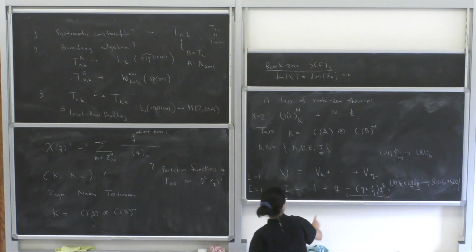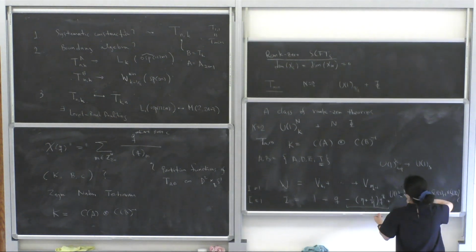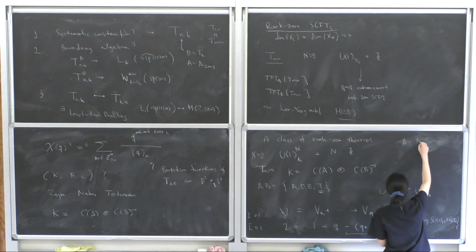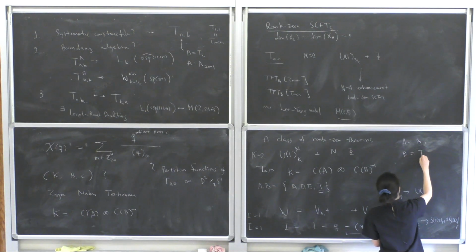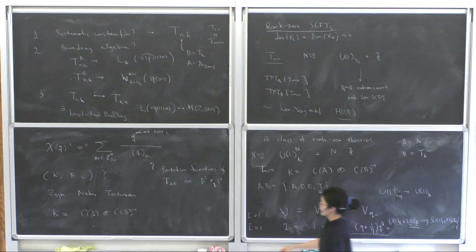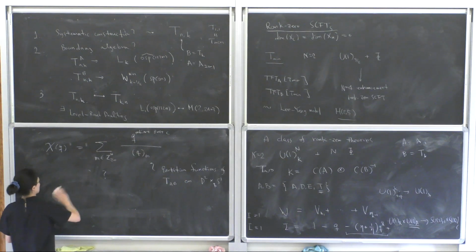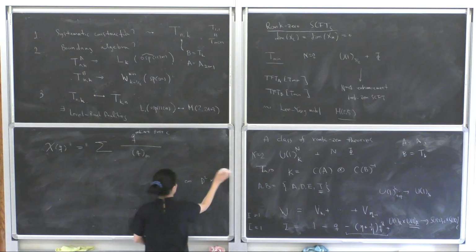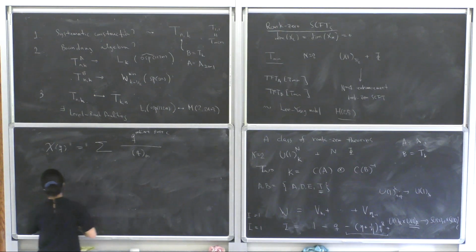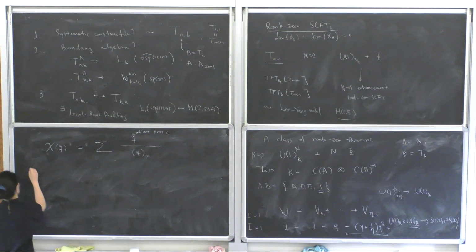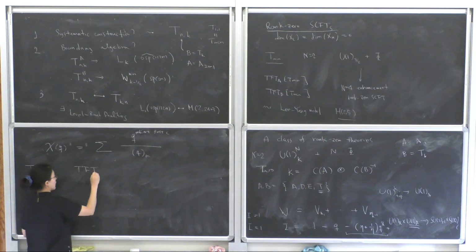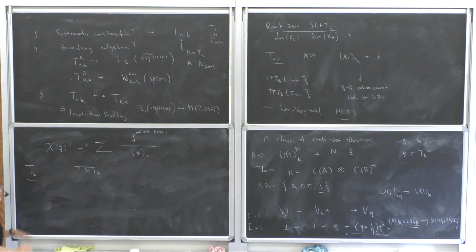For the example that I erased here, when A is just A1 and B is T_K, this character is precisely the character of the Virasoro minimal model. For that example, which I will call T_K, TFT_A, you can also insert the Wilson loop operator to obtain the characters for non-vacuum modules.